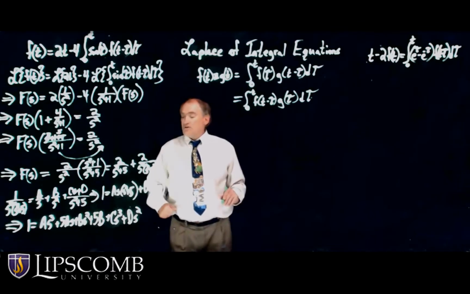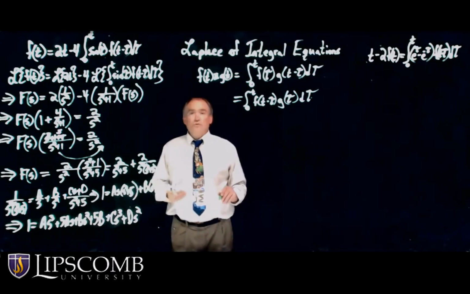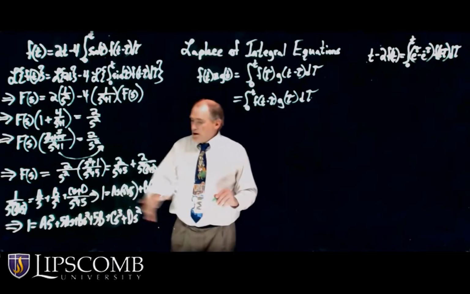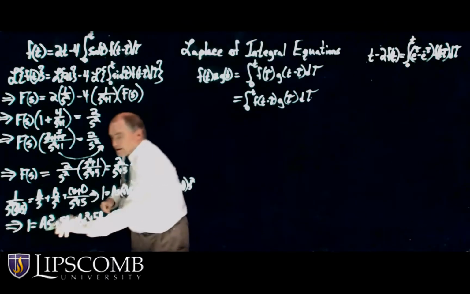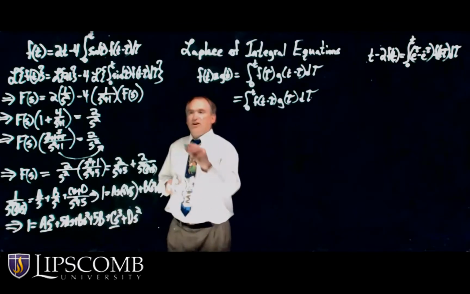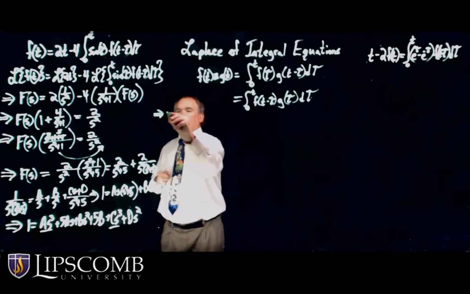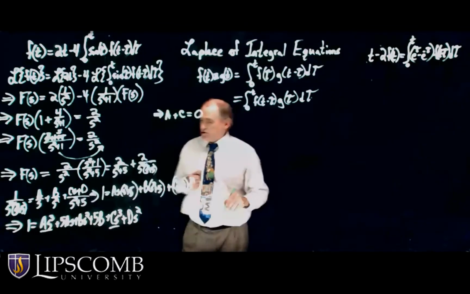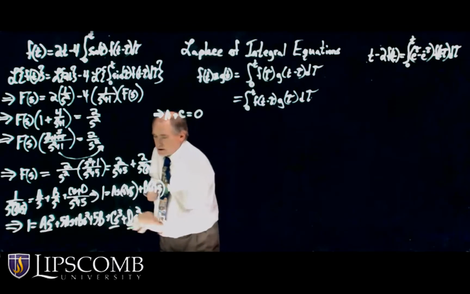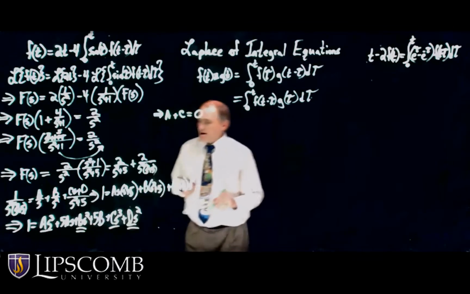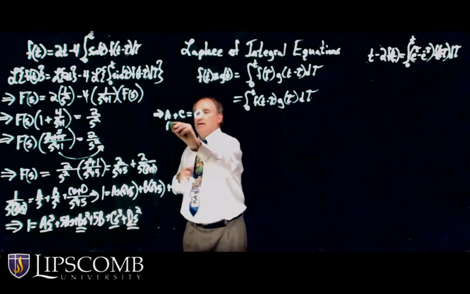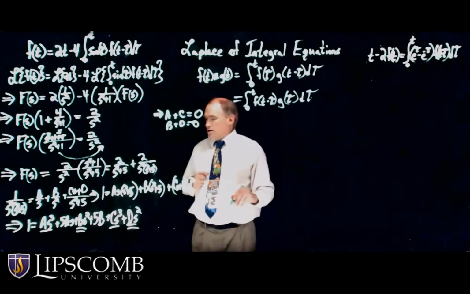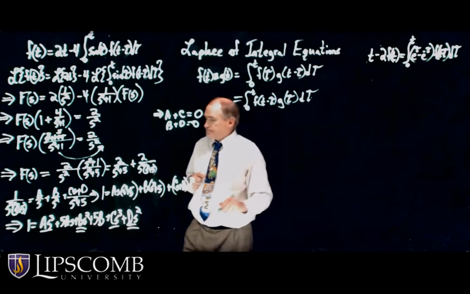So now let's put oranges with oranges, kumquats with kumquats, watermelons with watermelons. So I've got A and I've got C. So A plus C equals 0 because there is no s cubed there. I've got a B and a D. Same thing, there is no s squared, so that's 0.